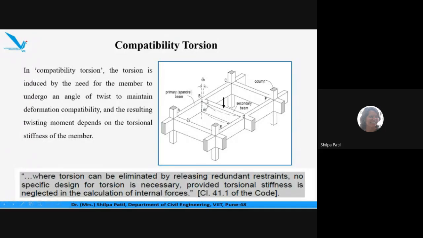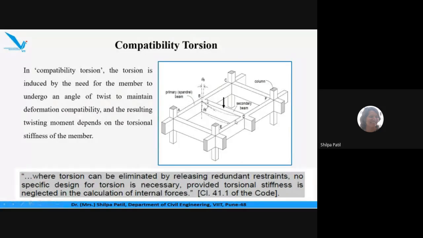CF and AE are also primary beams, because these are directly resting on the column. Whereas beam BD is resting on beams ABC and EDF. This is my secondary beam. My secondary beam has a connection with the primary beams at joint B as well as at joint D.